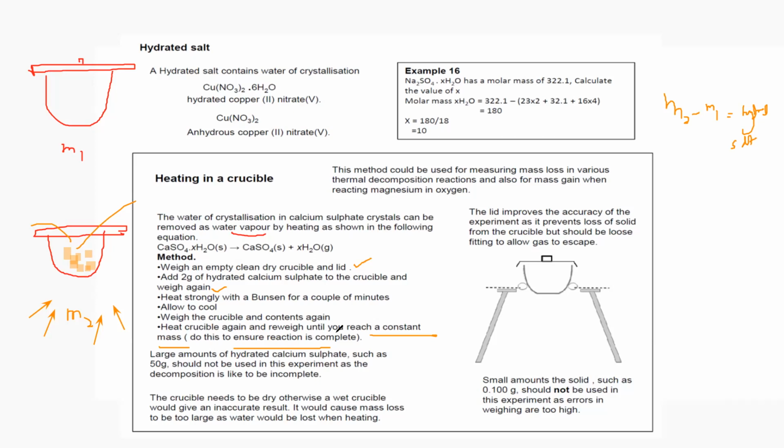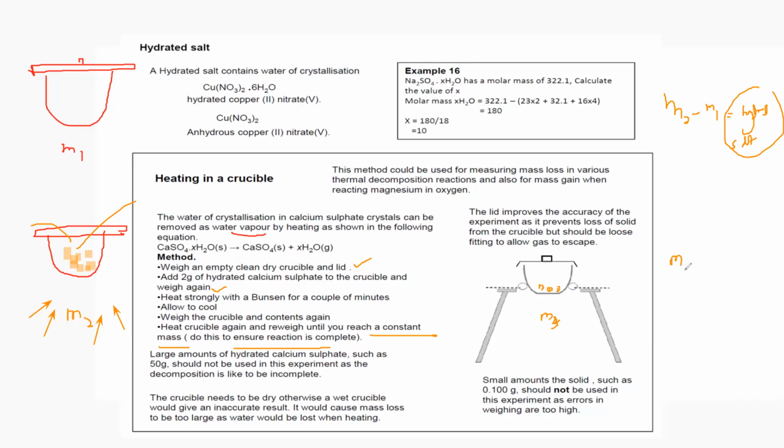Then how can we work out the mass of the water present in the hydrated salt? When we subtract M2 minus M1, that gives us the mass of the hydrated salt. What about the mass of the anhydrous salt? Once it has lost its water of crystallization after we supplied heat energy, that mass is M3.